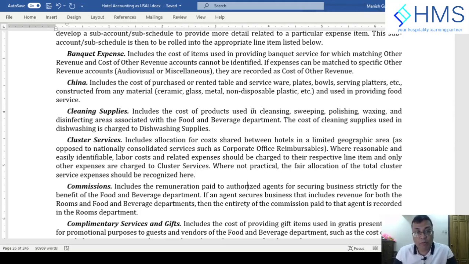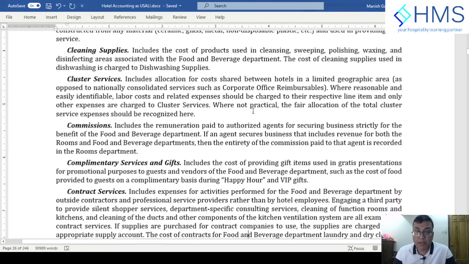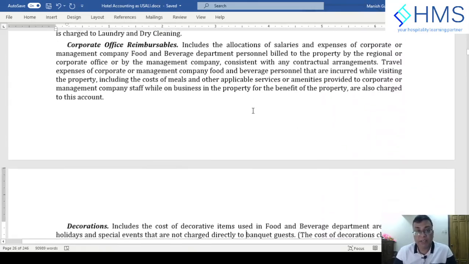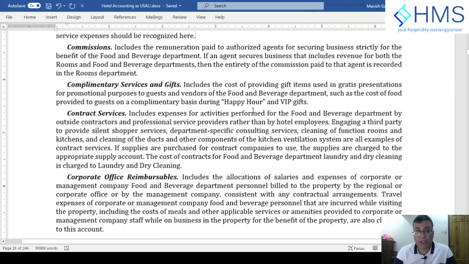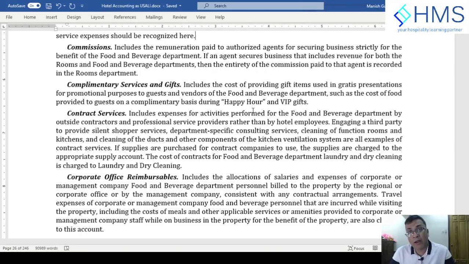Then you have complimentary services and gifts. The complimentary services and gifts include the expenses which are served as gratis for promotional purposes to the guest or vendors of the food and beverage department. So it may include the complimentary bar gratis.